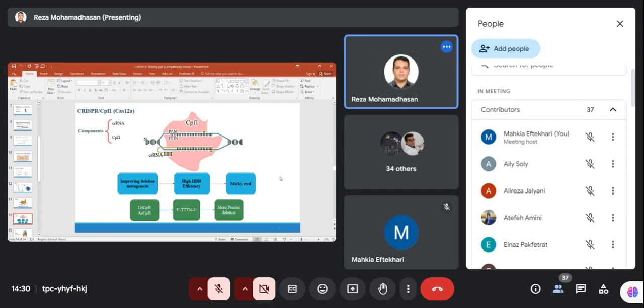They can edit the target DNA more precisely than Cas9, and the longer PAM site can improve deletion mutagenesis and helps HDR to be more efficient, and makes a sticky end that enhances HDR efficiency too.